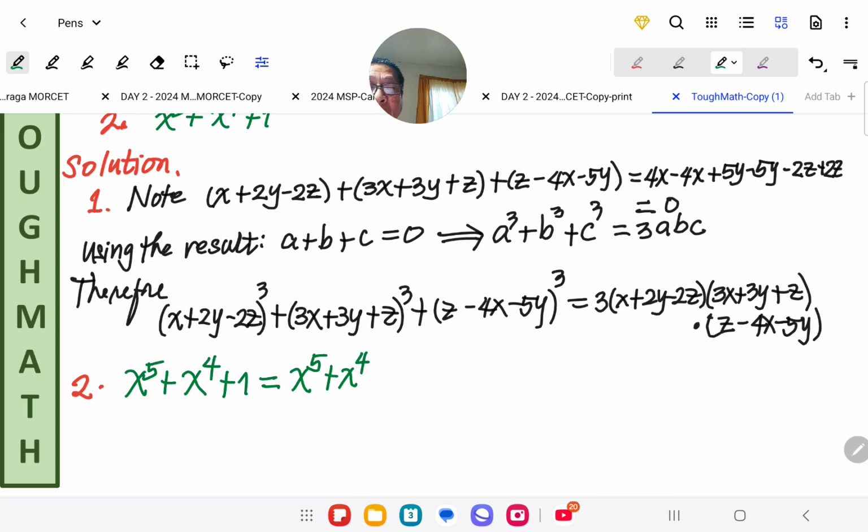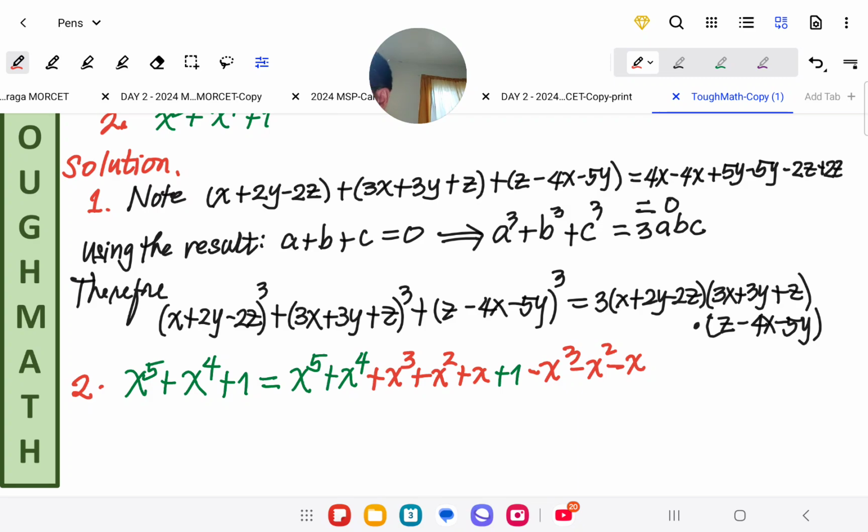Okay, the trick here is to add the following: plus x^3 plus x^2 plus x. This is plus 1, but we have to subtract the same thing, no? So minus x^3 minus x^2 minus x. To keep the equality, we add and subtract the same thing.